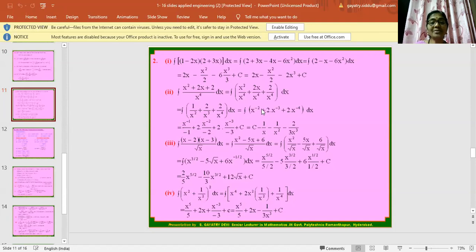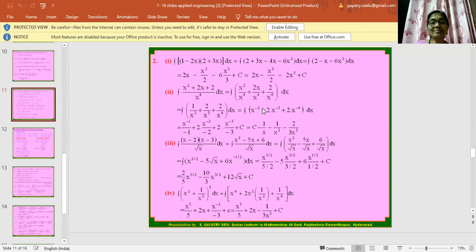So bring the denominators to the numerator, taking the power as minus. Integral x power minus 2 plus 2x power minus 3 plus 2 into x power minus 4. Where you already have minus powers, by integration, n plus 1 by n plus 1 is giving you, instead of minus 2, minus 1.